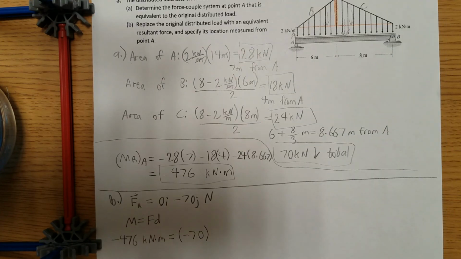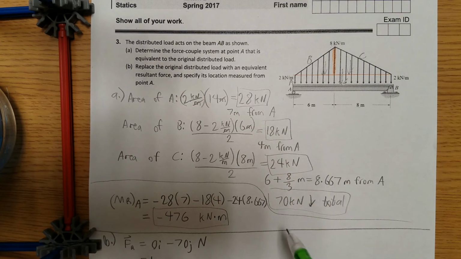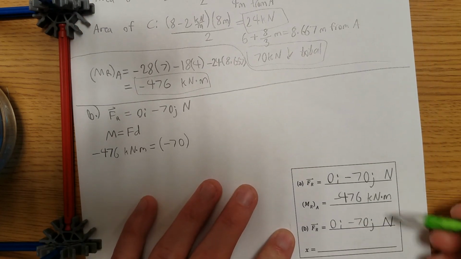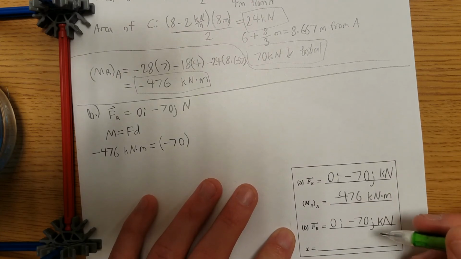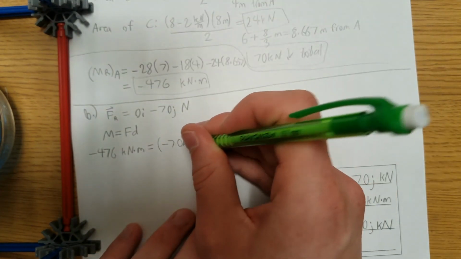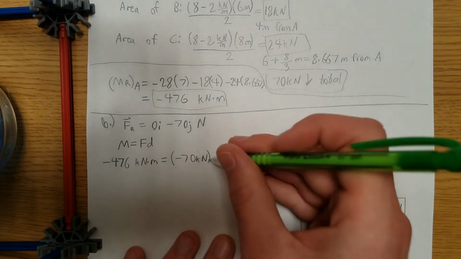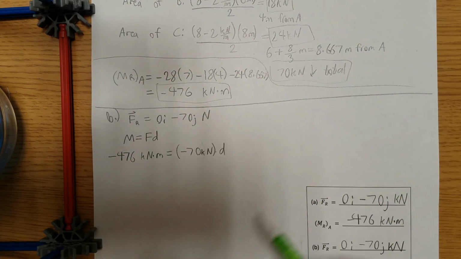Oh, my bad. Have I been writing newtons this whole time? Everything has been in kilonewtons. So when I wrote newtons down here, this should be kilonewtons. So go ahead and put kilonewtons in here, and then multiplied by our distance. And so it's algebra from here on.